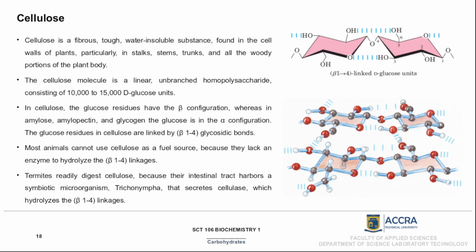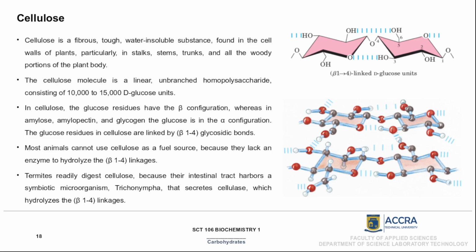Why? This is because the glucose units in cellulose are bonded together by beta-1,4 glycosidic bonds. In starch and in glycogen, you see these bonds are alpha-1,4 bonds.